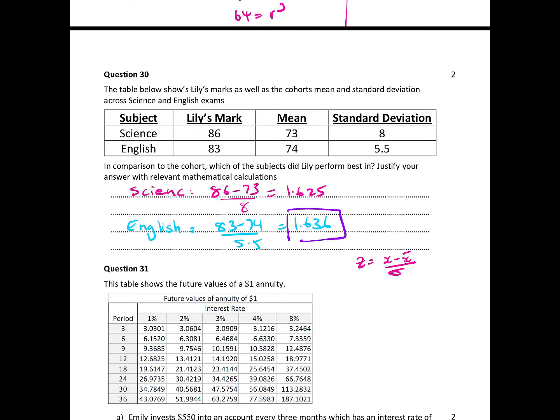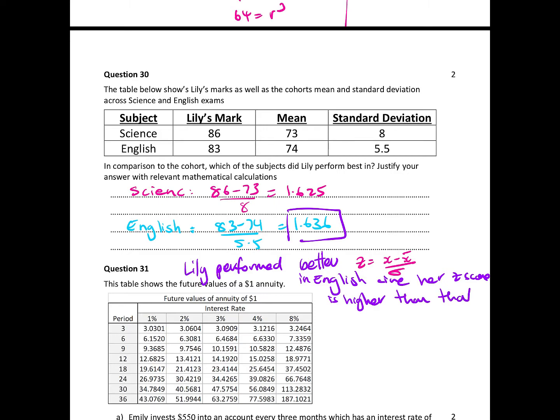Okay, so in this case, we need to say Lily performed better in English since her Z-score is higher than that of science.